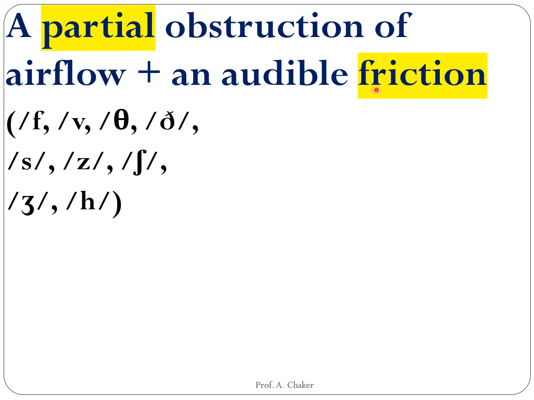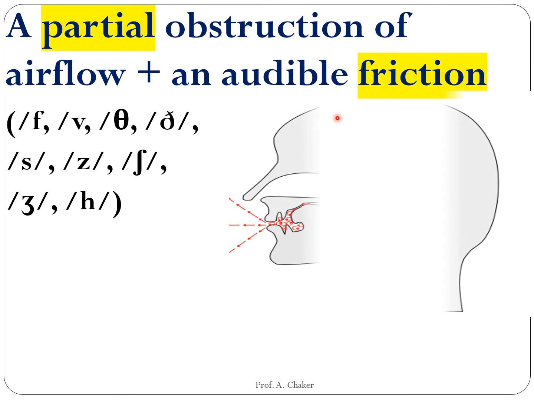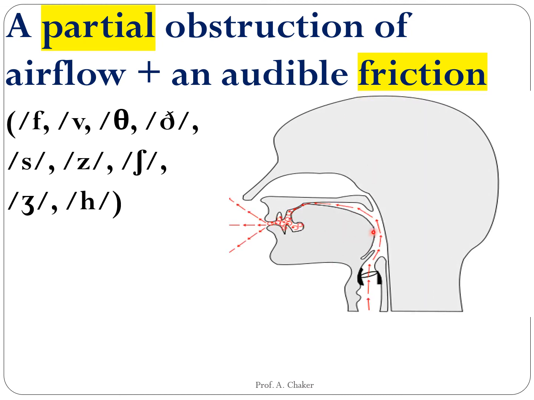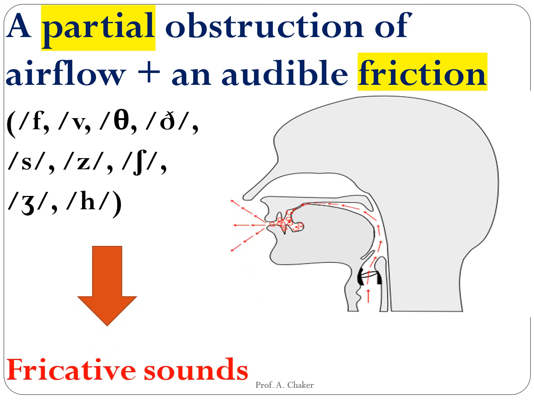Okay, so partial obstruction of airflow plus an audible friction. Have a look at the picture. So you see, there is here at this level a partial obstruction of airstream. Okay, this may happen at this level as well, alveolar ridge. It depends on the place of articulation of the sound. These sounds are called fricative sounds. So the stop sounds, total obstruction. Fricative ones, there is a partial obstruction.